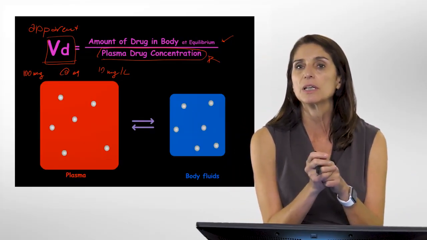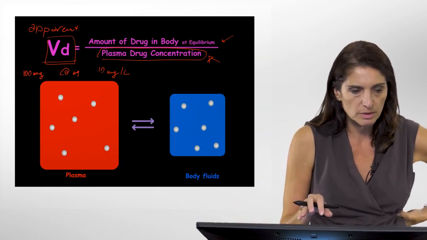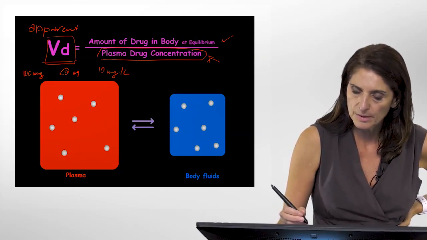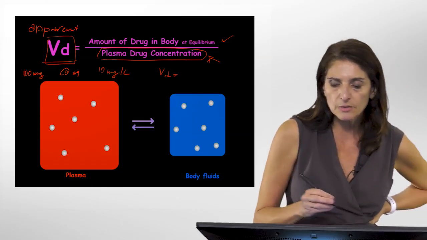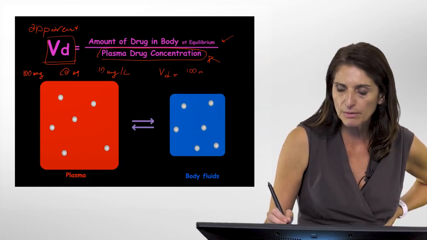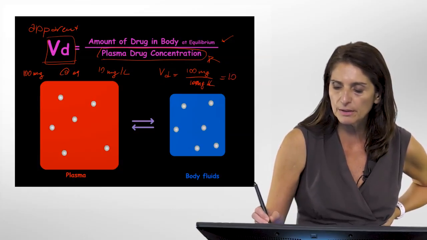That can be done very easily. So the volume of distribution here is going to be given by the amount of drug we have given over the concentration, 10 milligrams per liter, and so it will be 10 liters.